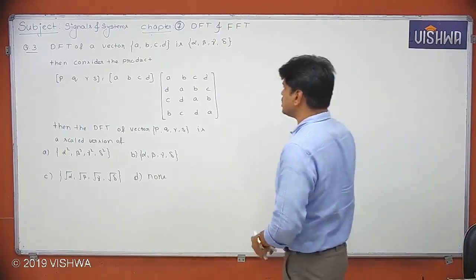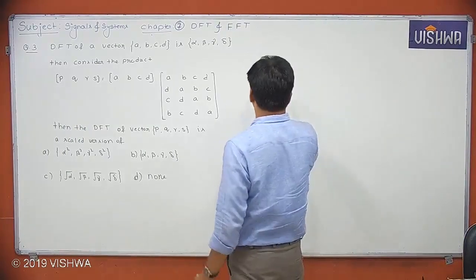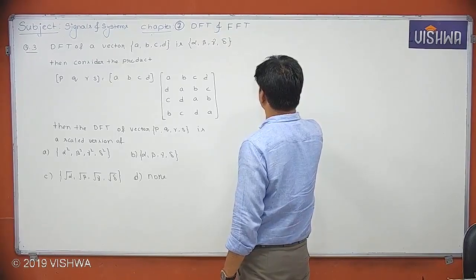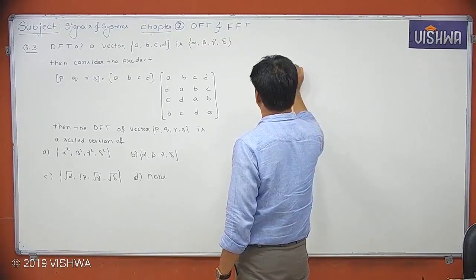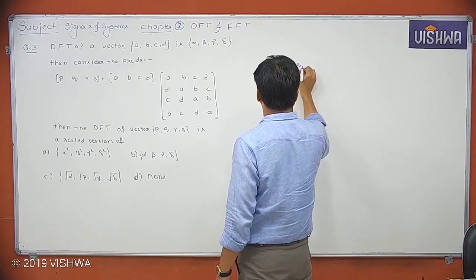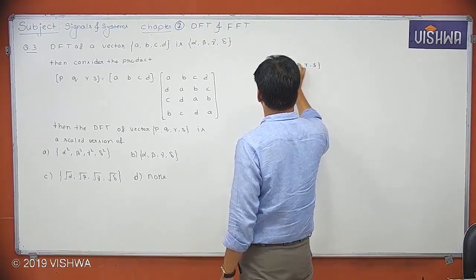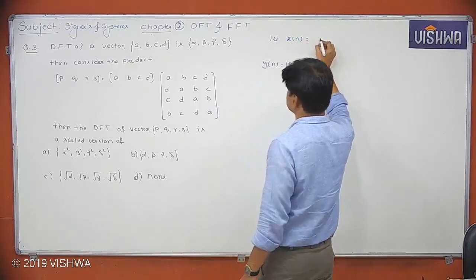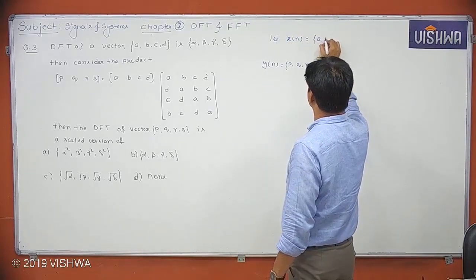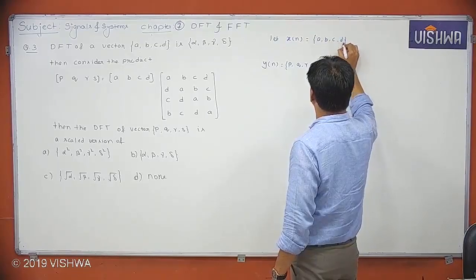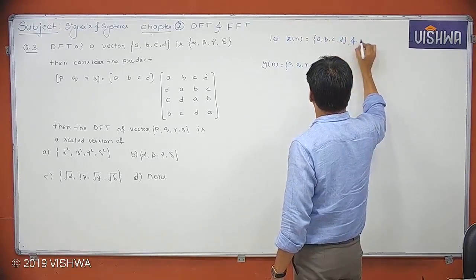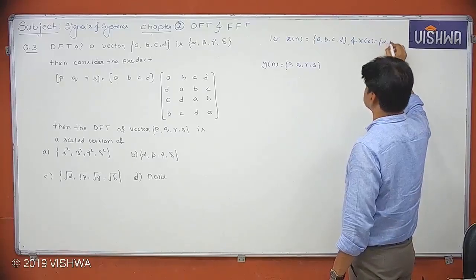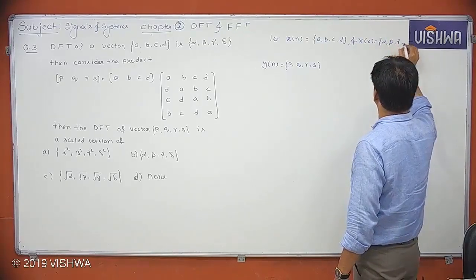Listen here. What is PQRS actually? Let's say it is something like y of n. So let x of n be A, B, C, D, and x of k be alpha, beta, gamma, delta.